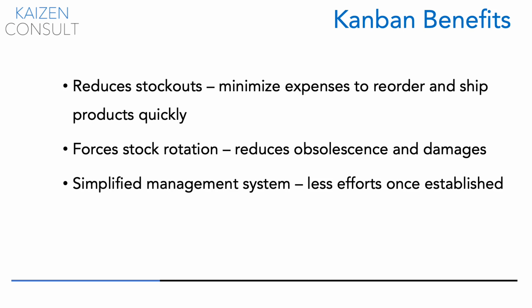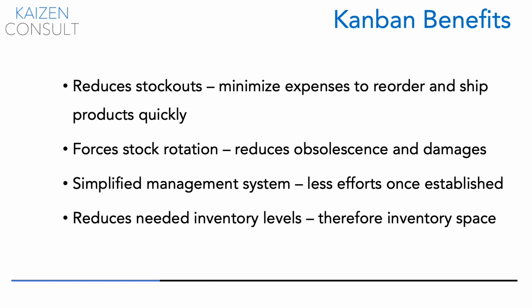It simplifies the management system by requiring less effort once it has been established and in practice. It reduces needed inventory levels by learning how the system flows and therefore reduces inventory space. And then it increases cash flow as your inventory is reduced to the minimum.